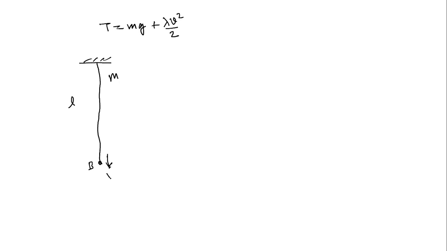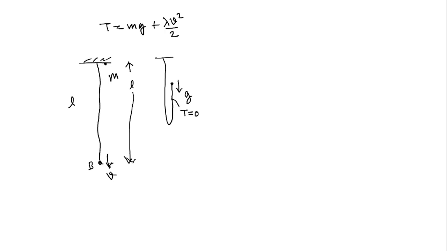Initially B was at the ceiling, and finally B has reached this point. So how much distance has B fallen? B has fallen a distance L, and the fall of B is a free fall. At any point of time, B is falling under gravity only, because the tension in this part is 0.